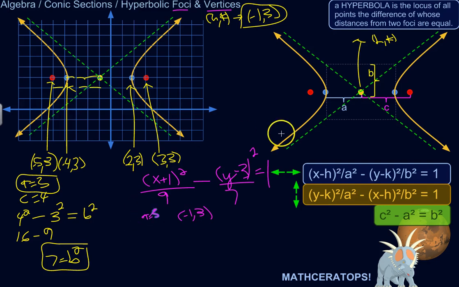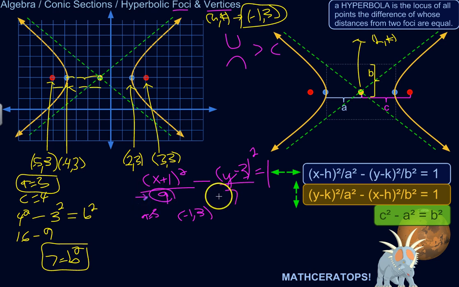But we don't know right away if the hyperbola opens upward and downward or left and right. Well, a squared is bigger than b squared, just by definition. 9 is bigger than 7, so we know this 9 represents a.